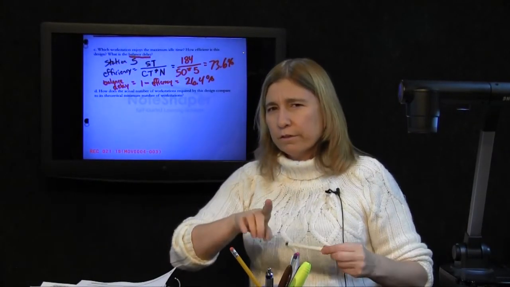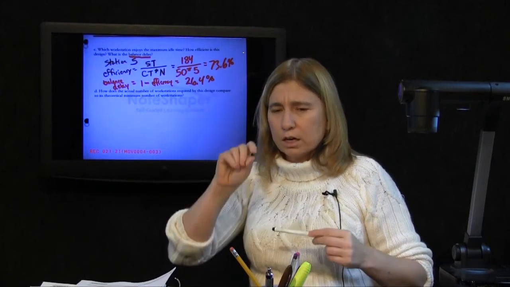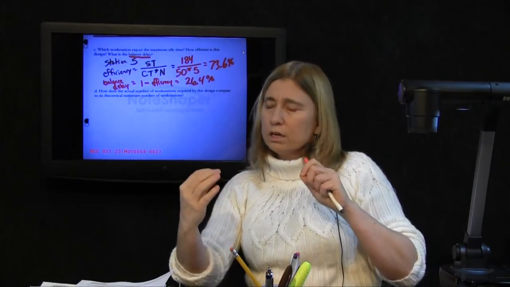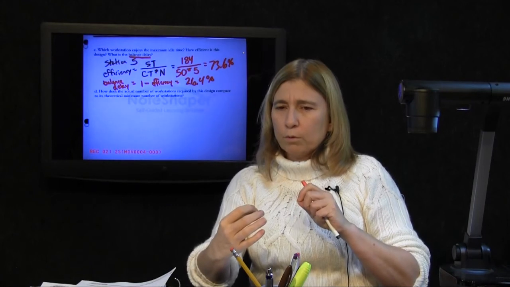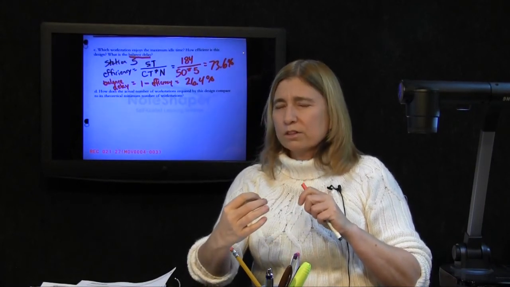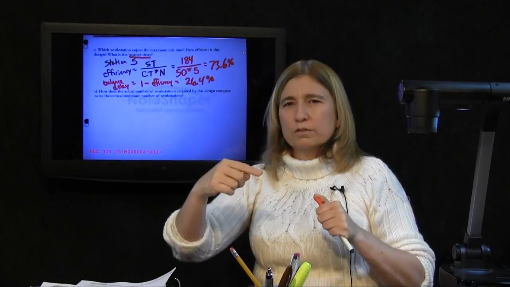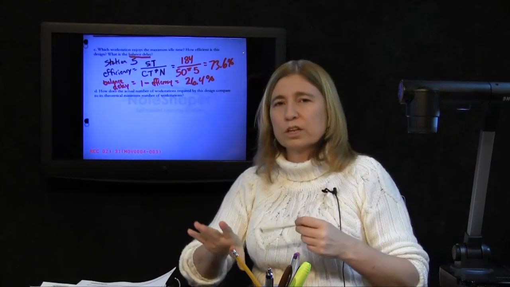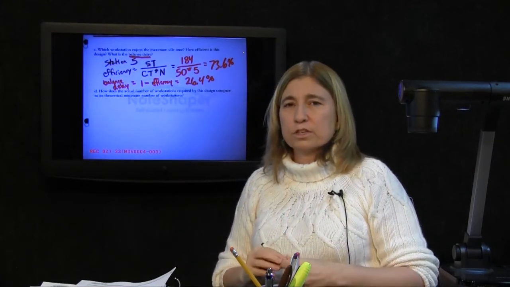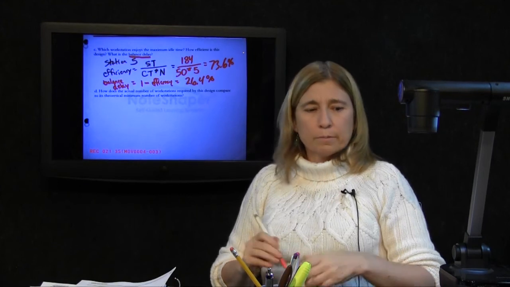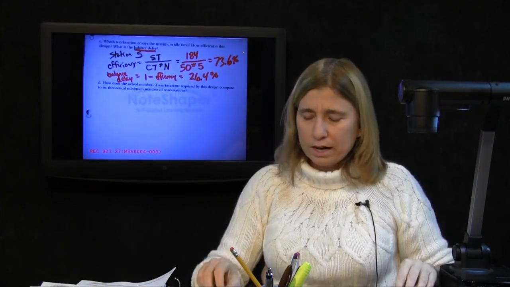And I think if you have the first edition of Simpson and Hancock, in the answer key at the back for that one problem, I think that the balance delay is wrong. I think that they report the efficiency twice. Anyway, balance delay, super easy, opposite of efficiency. 1 minus the efficiency. Okay, so that sorts that question.